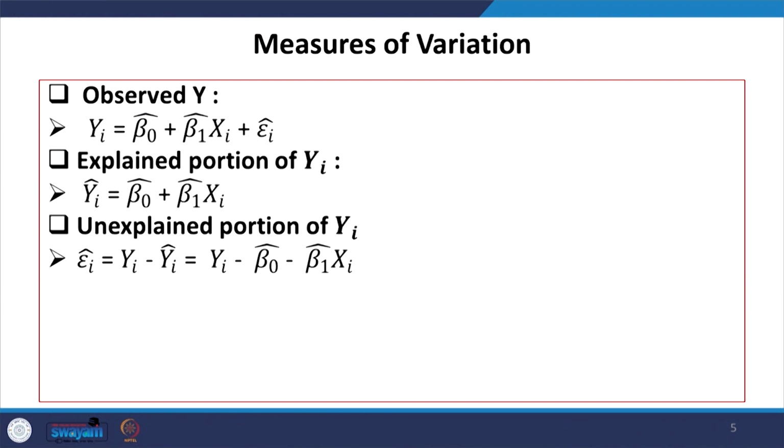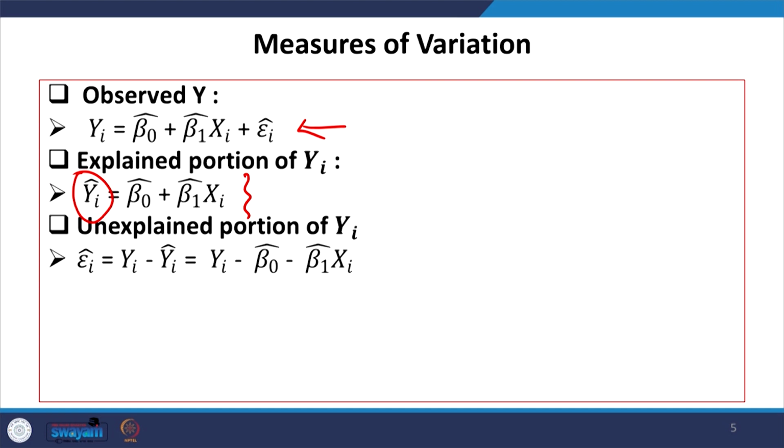So yi, which we have mentioned as observed, is based on the estimated beta values of x and the control variables, and it is for the model we have mentioned here. Then the explained proportion of yi is based on the estimated value, yi hat.